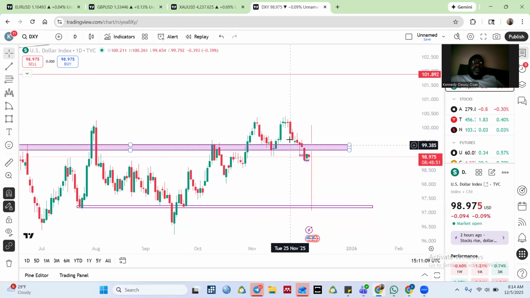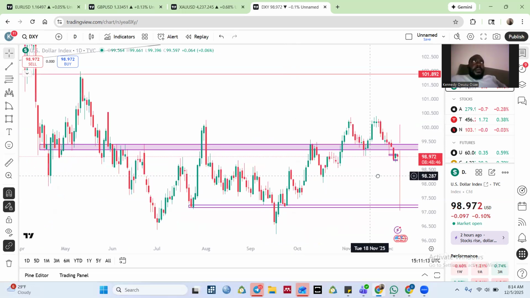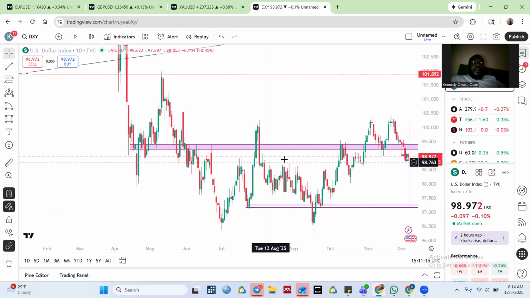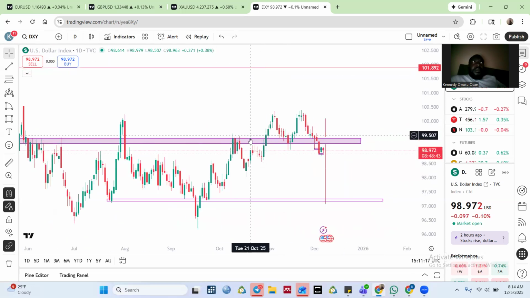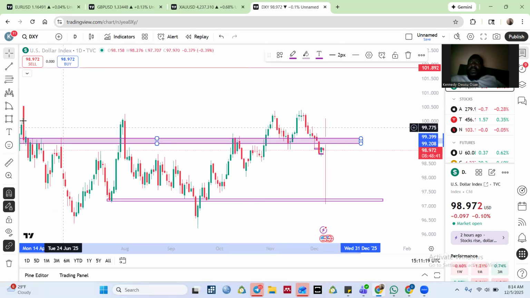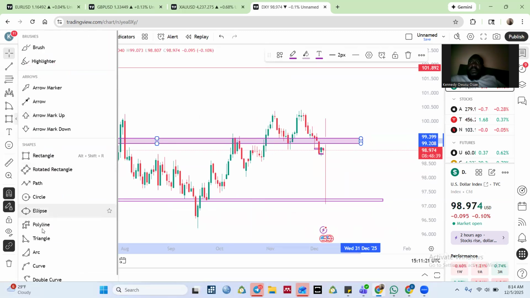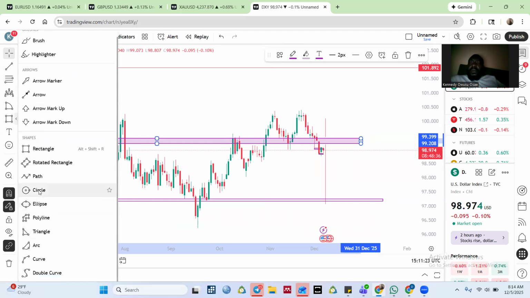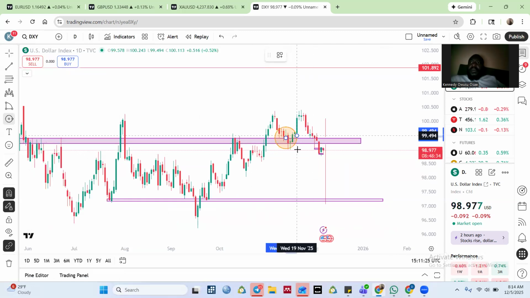Earlier this week, we saw price breaking this area, this support. I hope you can see that there is this area here.